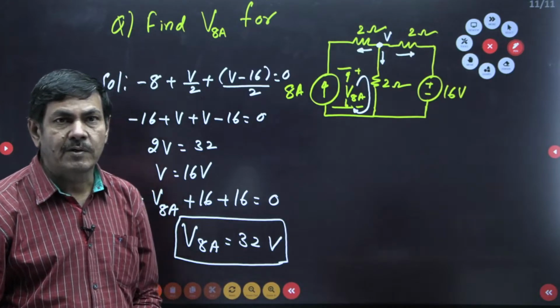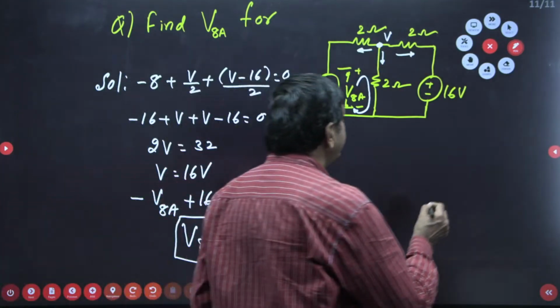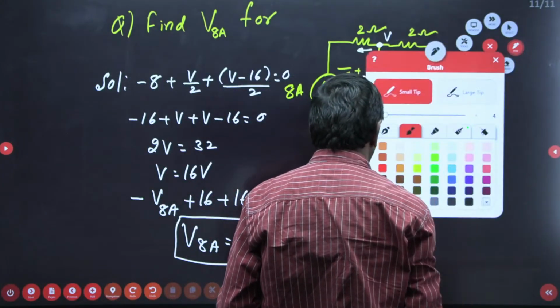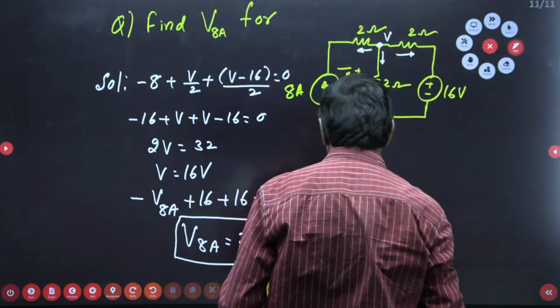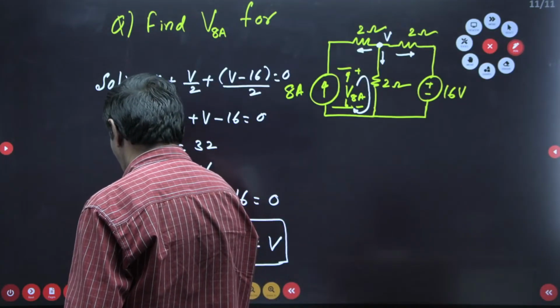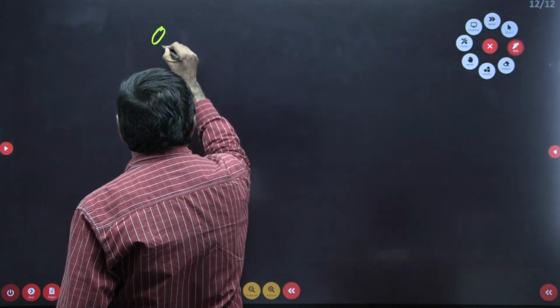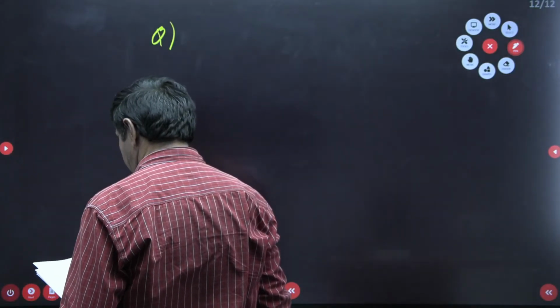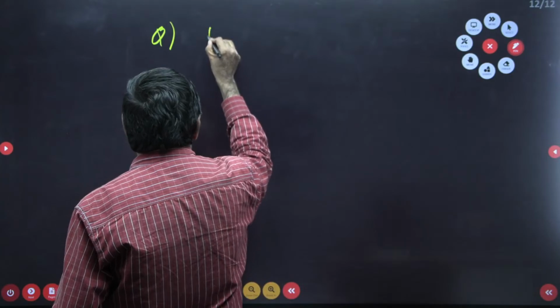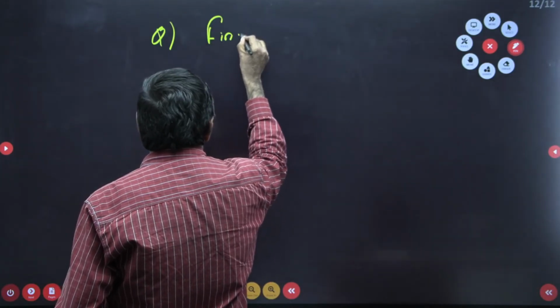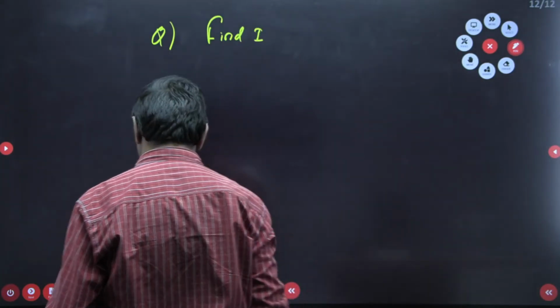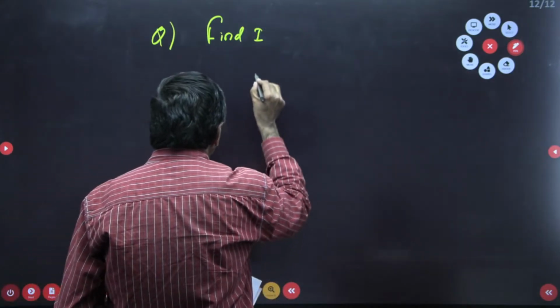One more question I want to give in your hand. The next question is given here: find I. It is asking to find I. The network is given here.